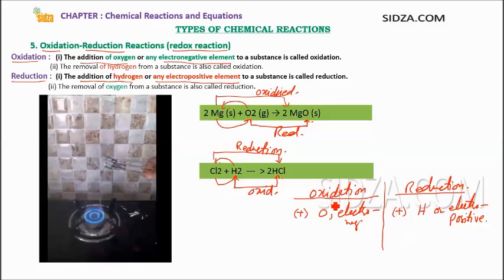Oxidation is also the loss of hydrogen. If we remove the hydrogen, that is also oxidation. So you can see here the second definition, removal of hydrogen. When hydrogen is being removed from any substance, we say this is oxidation. For the removal, I am going to use the negative sign.